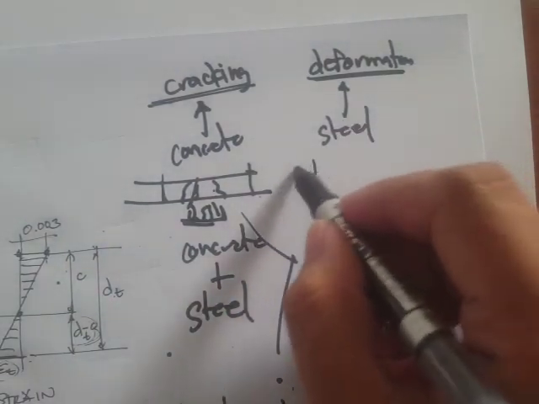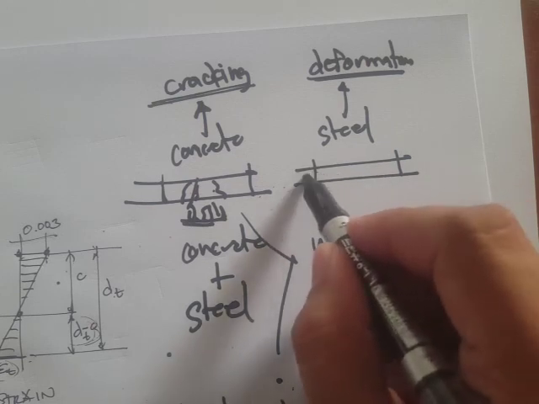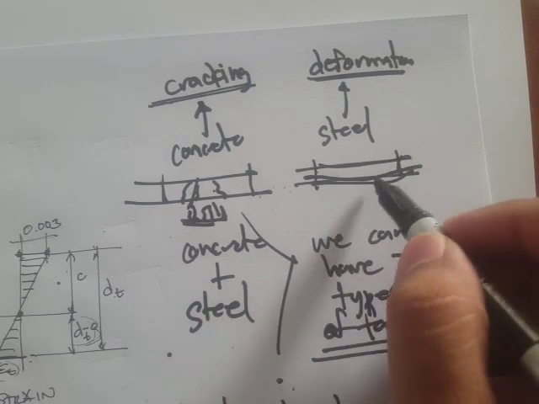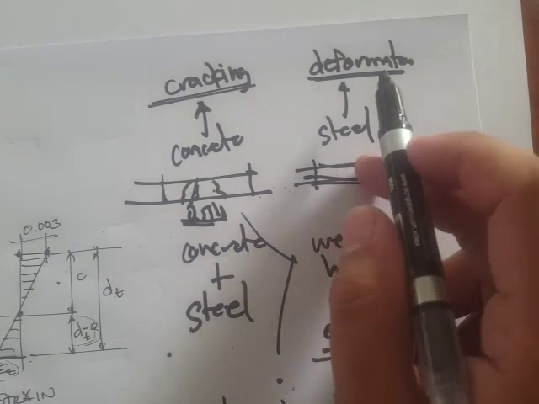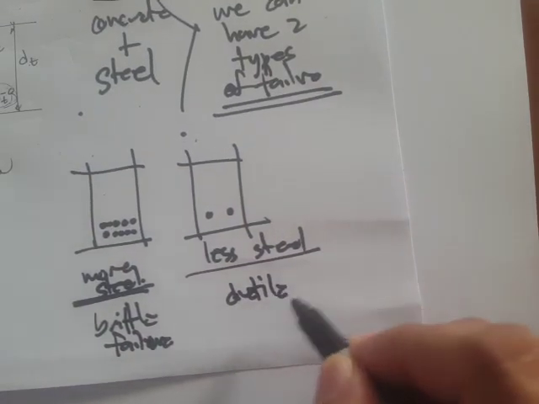Now for steel, if it fails, it will just bend, right? Because steel undergoes deformation, steel is a ductile failure.